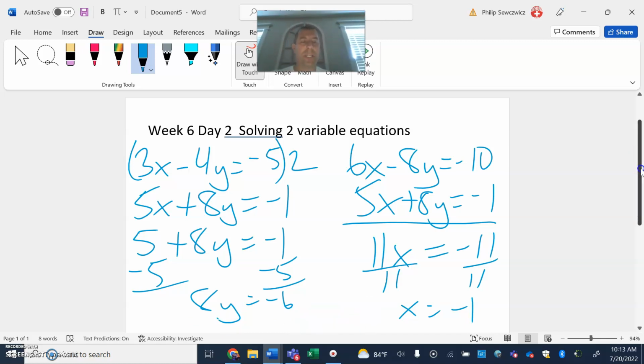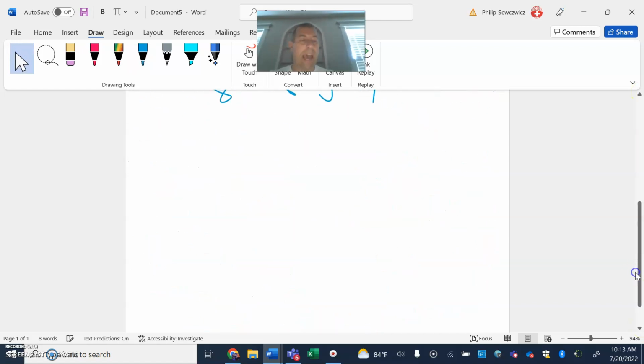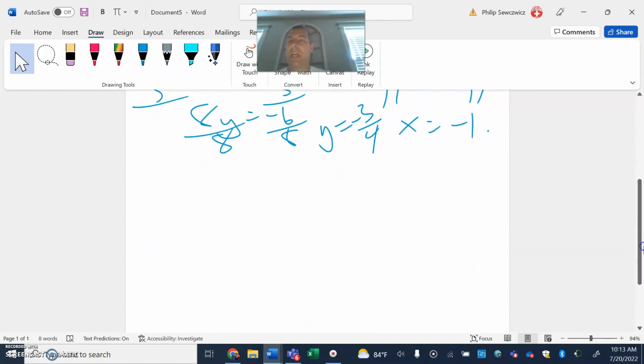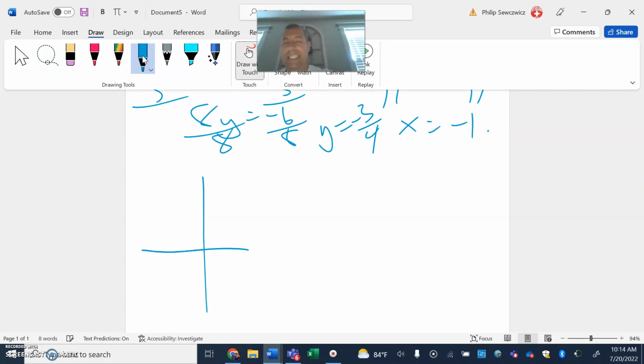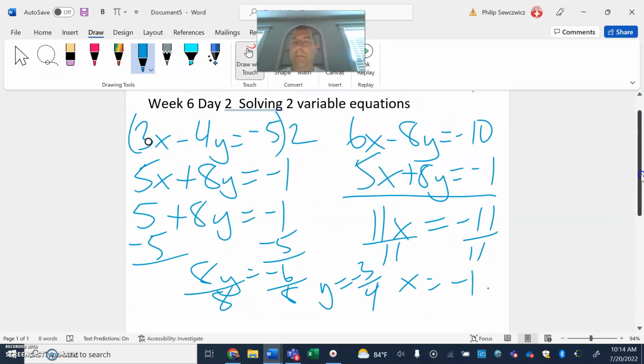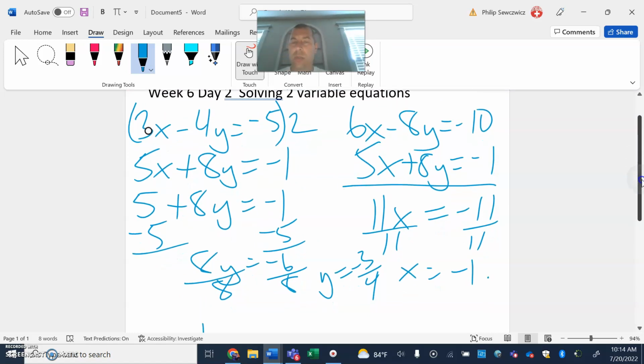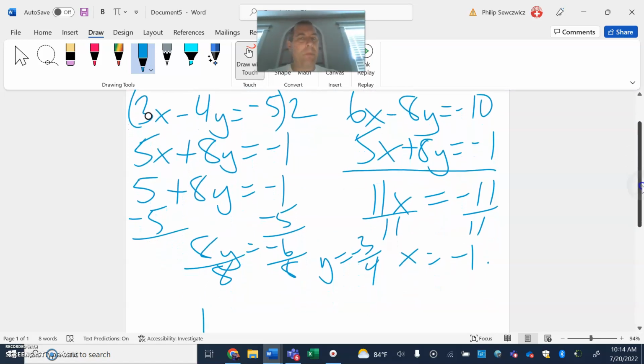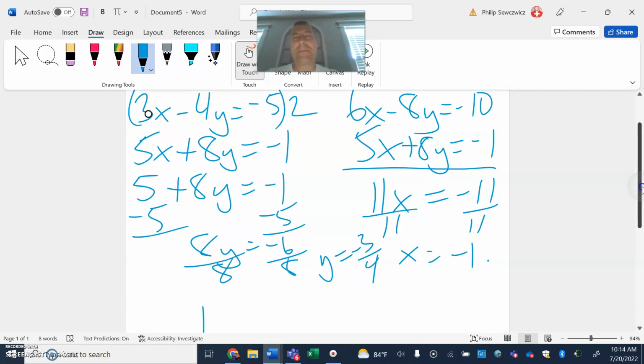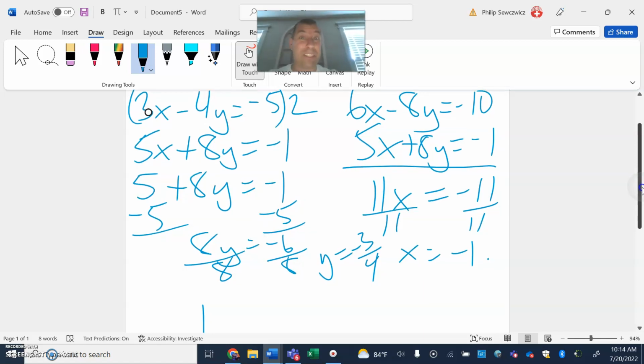So what we want to show you here is how all this stuff ends up being related together. And what we want to be aware of is that because we got a solution, what that means is we were able to have lines and they intersected with each other. So if we just do a quick sketch of what we've got going on here, we're going to graph our two equations. And again, we're not looking to get an exact answer because the graphing method is not ideal, because you have to use the grids and we don't have grids.